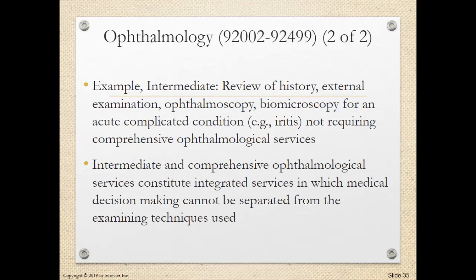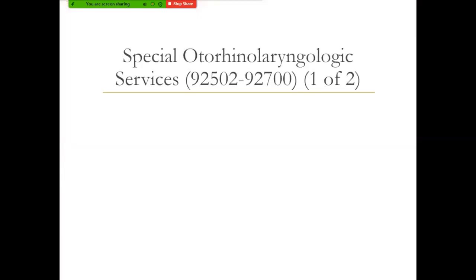Intermediate and comprehensive ophthalmological services constitute integrated services in which medical decision-making cannot be separated from the examining techniques used. So for example, they have to actually do the procedures in order to come up with diagnoses or how they need to further the treatment plan.